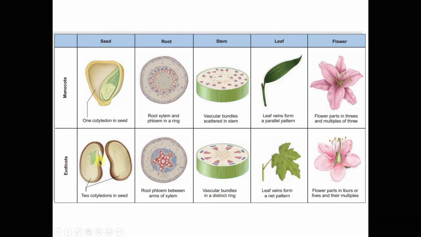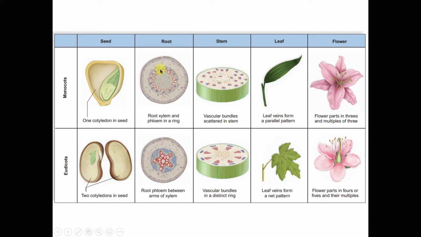So eudicots have two cotyledons in their seeds, while the monocot only has one cotyledon in their seeds. Look at their root xylem and phloem. Very different between monocots and eudicots.